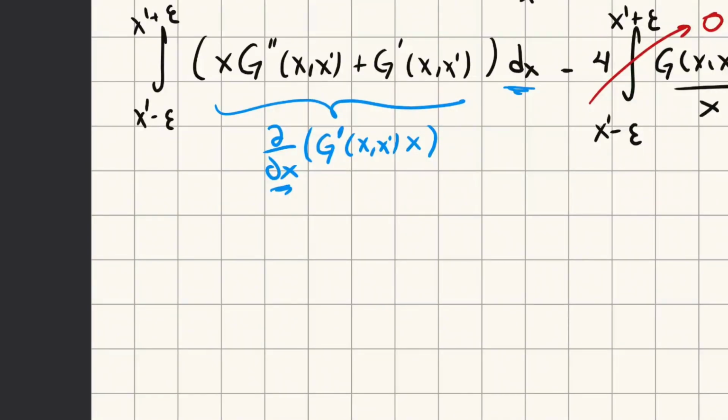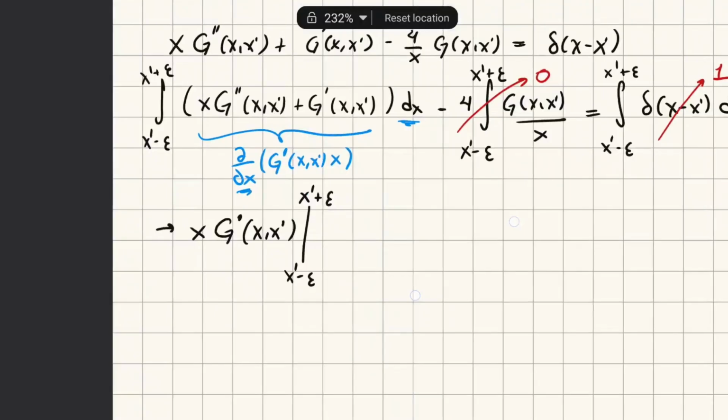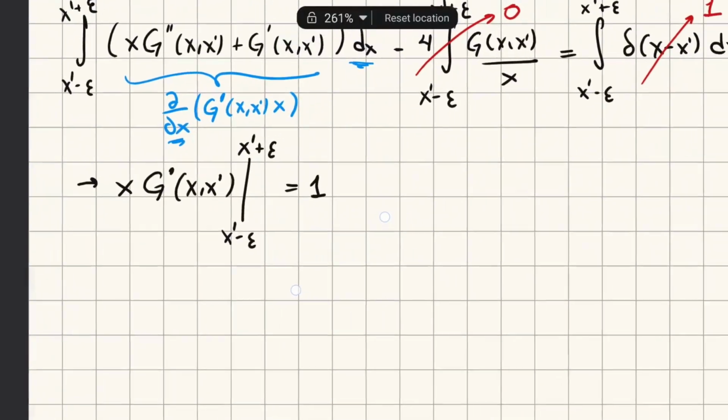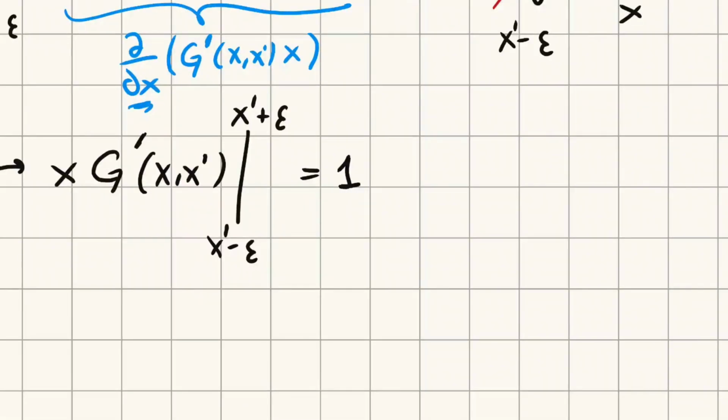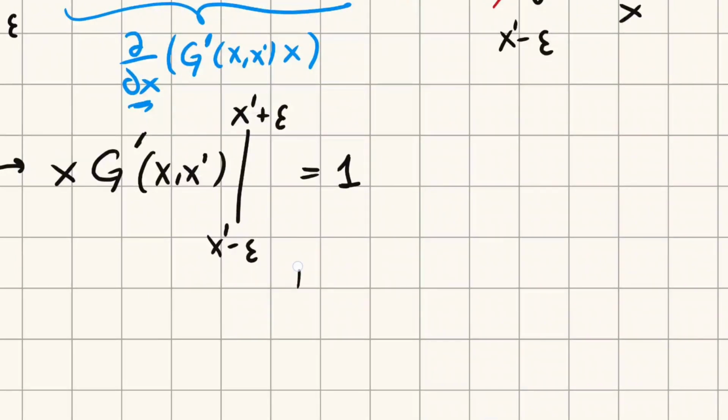So we will get x times g prime of x comma x prime evaluated from x prime minus epsilon to x prime plus epsilon is equal to 1. Okay? Perfect. So recall that this is the derivative of the Green function. So as epsilon goes to 0, it's just like taking the left derivative and the right derivative, right? So we need to evaluate at x prime from the right in this case, and then from the left.